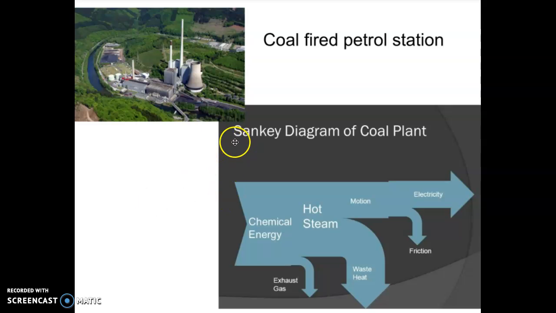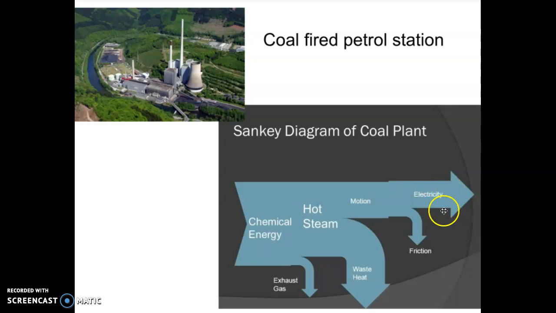Petrol stations, coal-fired power stations, and in fact pretty much most electricity generating installations are just as useless or inefficient. Here we have the chemical energy coming in, and we can see just how small the amount of electrical energy is that finally comes out compared to all that energy which is less useful.